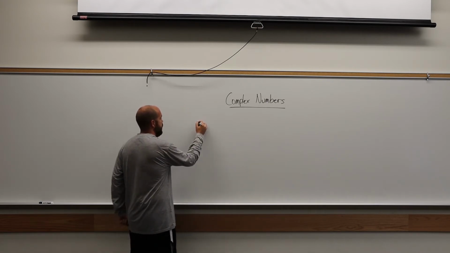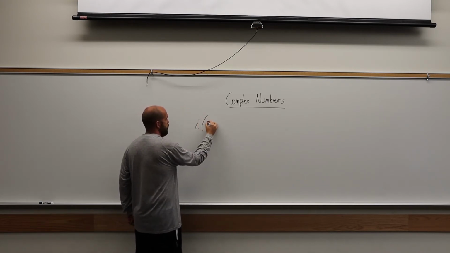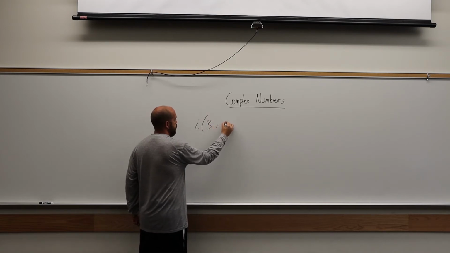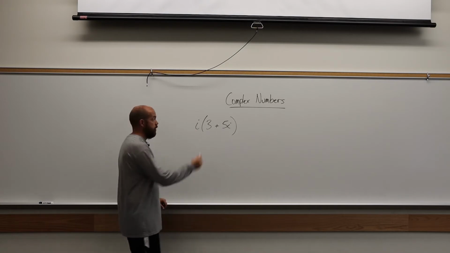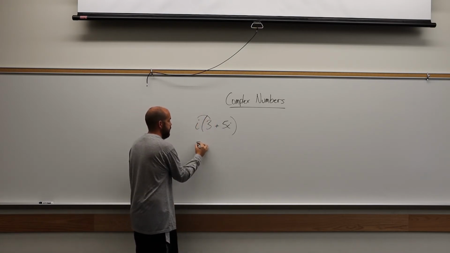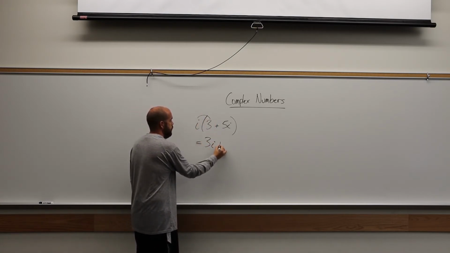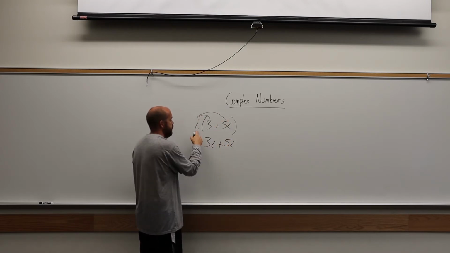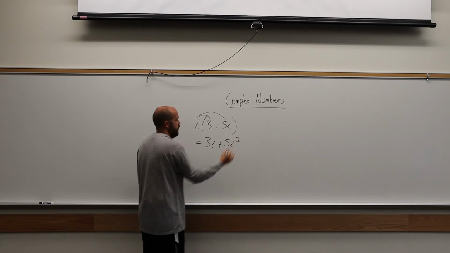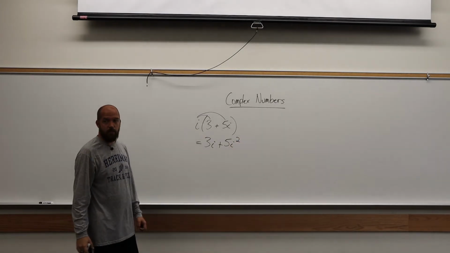All right, so let's say I've got i times (3 plus 5i), something like that. I distribute in. i times 3 is 3i, plus i times 5i is 5i squared. Now, what is i squared?